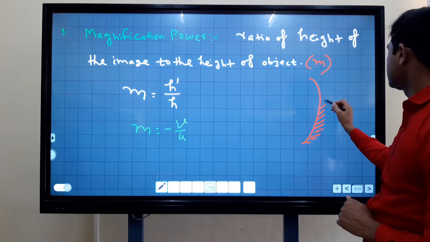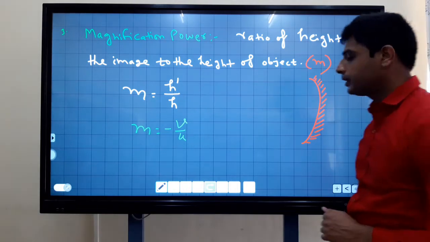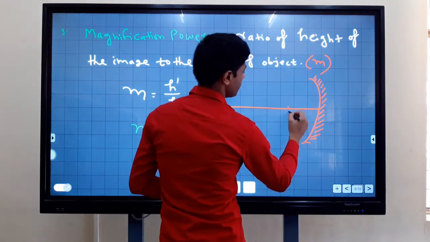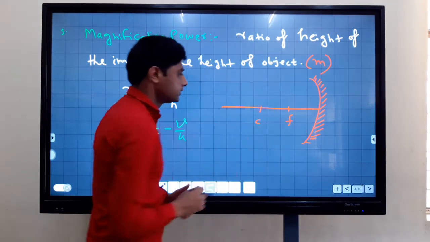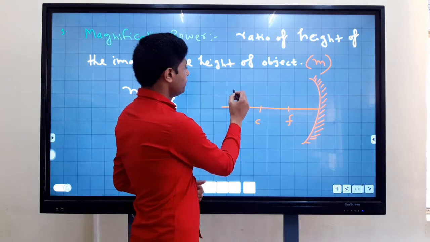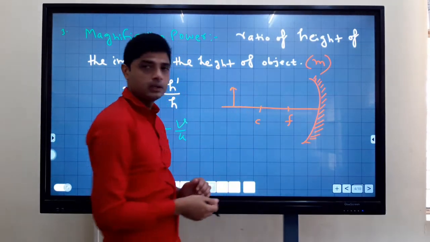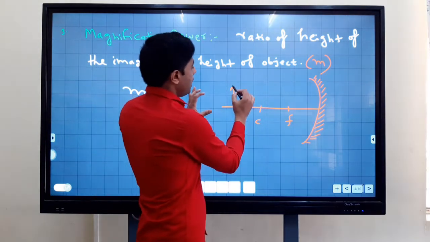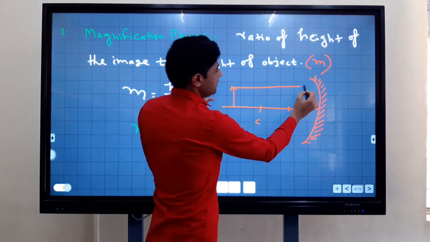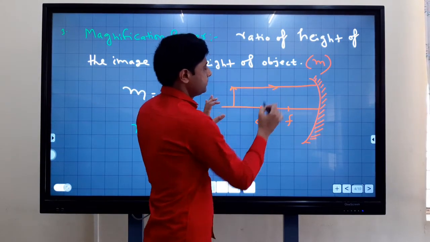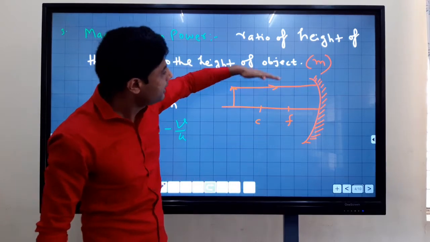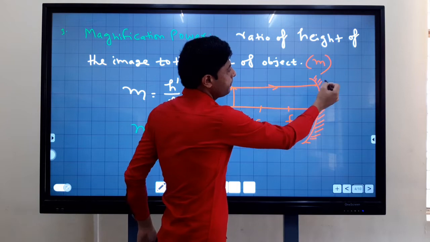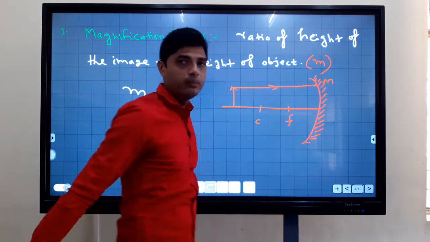Let this be a concave mirror. Focal length, center of curvature, an object placed beyond C. Then a parallel ray of light travels and is incident at a point on the mirror.